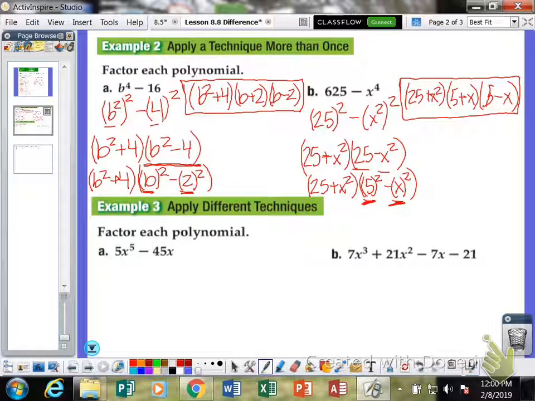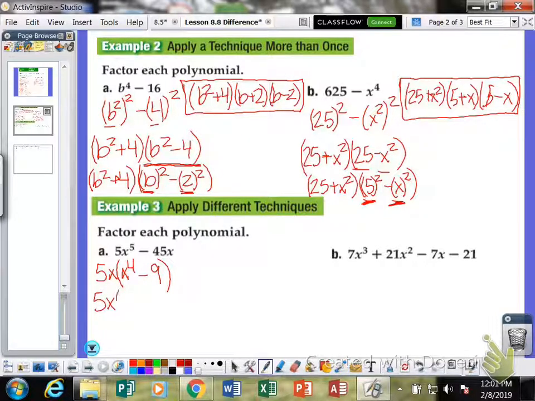For the next one, we have 5x. We're going to be looking at applying different techniques. So we're going to factor each of these polynomials. We have 5x to the 5th minus 45x. Notice I have a common factor that I can take out, and that would be 5x times x to the 4th minus 9. In that parentheses, that can be rewritten as a perfect square.